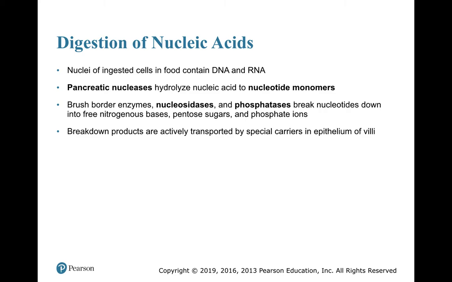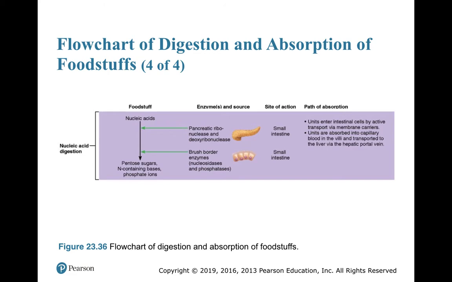So they're breaking them down even smaller than the nucleic acid monomer. Those breakdown products are then actively transported by special carriers in the epithelium of villi cells. So nucleic acids are going to yield pentose sugars, nitrogen-containing bases, and phosphate ions.